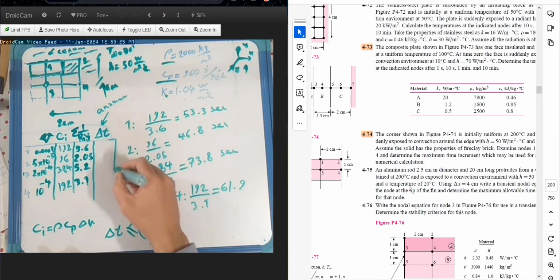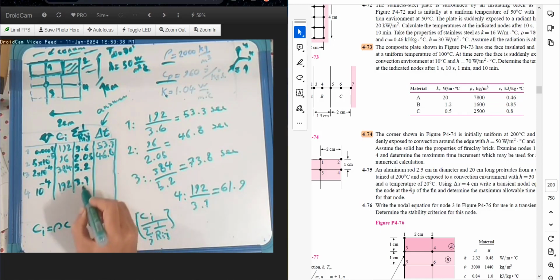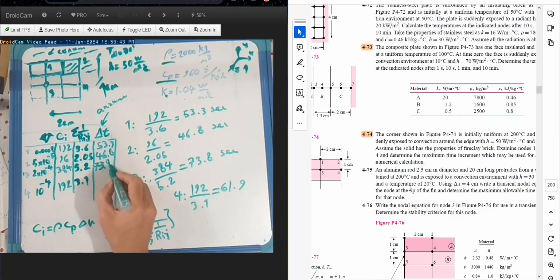Okay, so I should put them in this table. Let me separate this column so I can write it here: 53.3 seconds, 46.8, for the third point the answer will be 73.8, and for the last one 61.9.